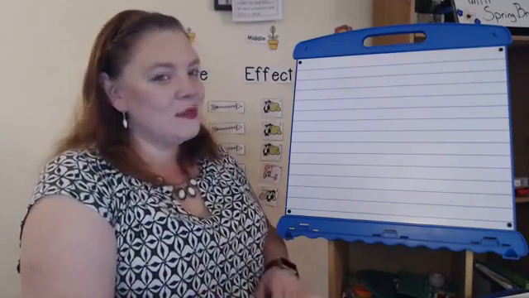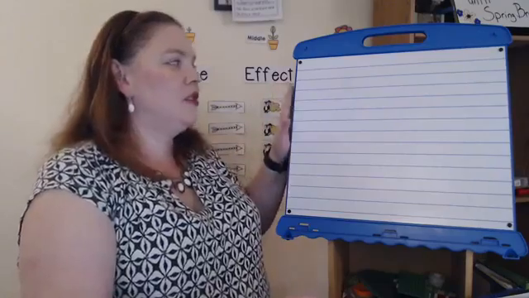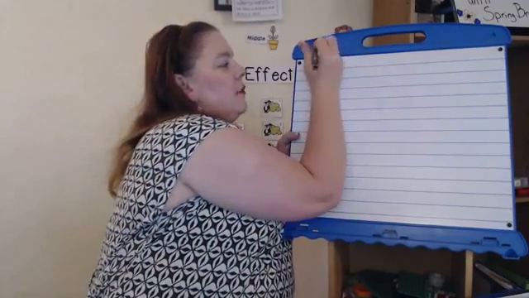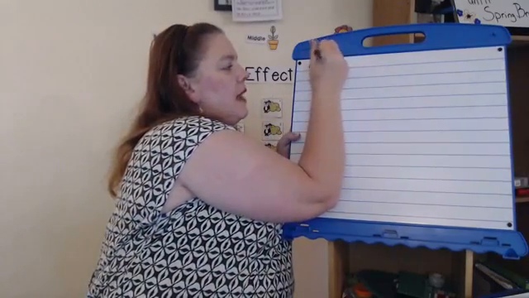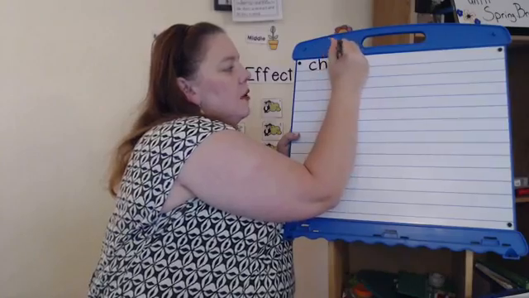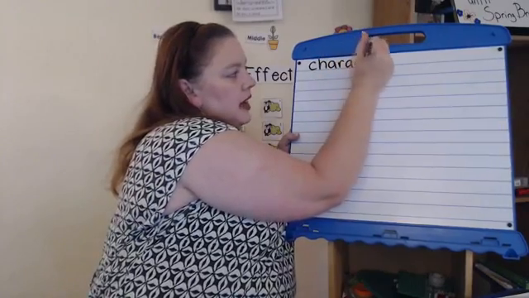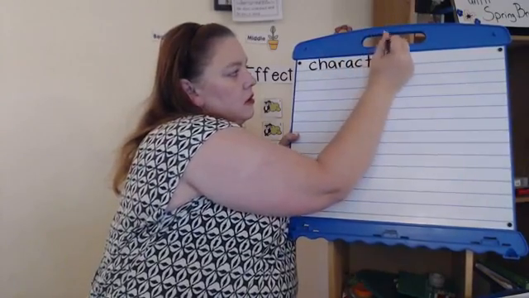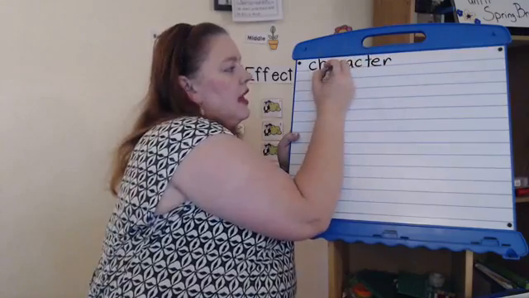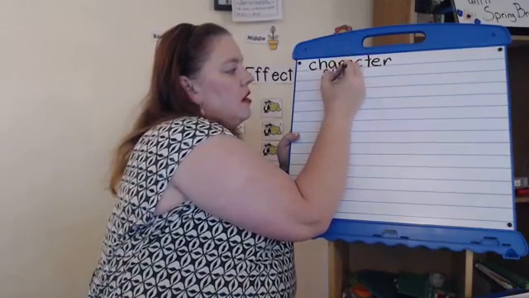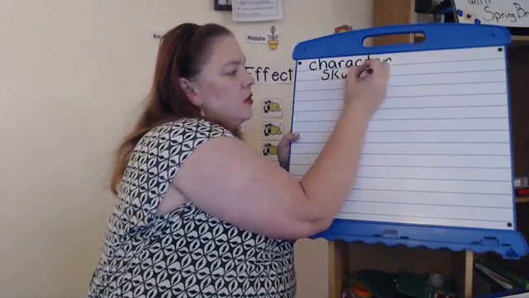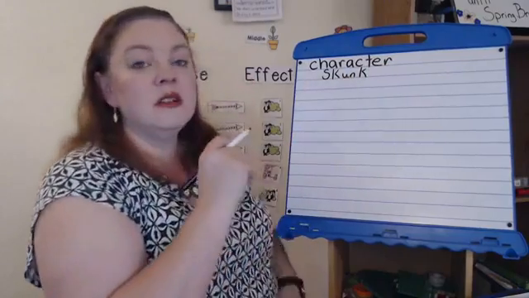So on your next page in your reading journal, we're gonna do characters. So I'm gonna put the word character at the top of my page, and I'm gonna write it up here. You can copy it straight from my board. And I'm going to put character, and I'm going to put Skunk underneath, because that's who we're talking about. Character, Skunk.